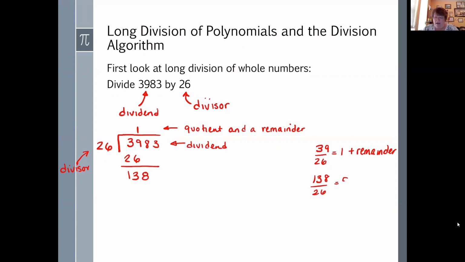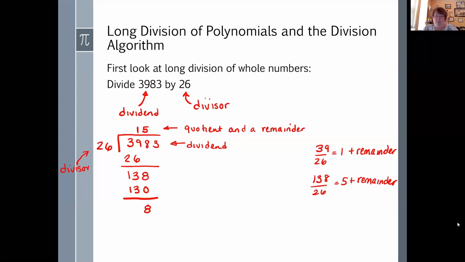It'll go 5 times plus some remainder. So the 5 is our next number in our quotient. We write that down. So now we take the 5, we multiply it times the divisor 26. 5 times 26 is 130. You write that underneath your dividend and you subtract. So now we get a remainder of 8. So 26 will go into 138 5 times with a remainder of 8.